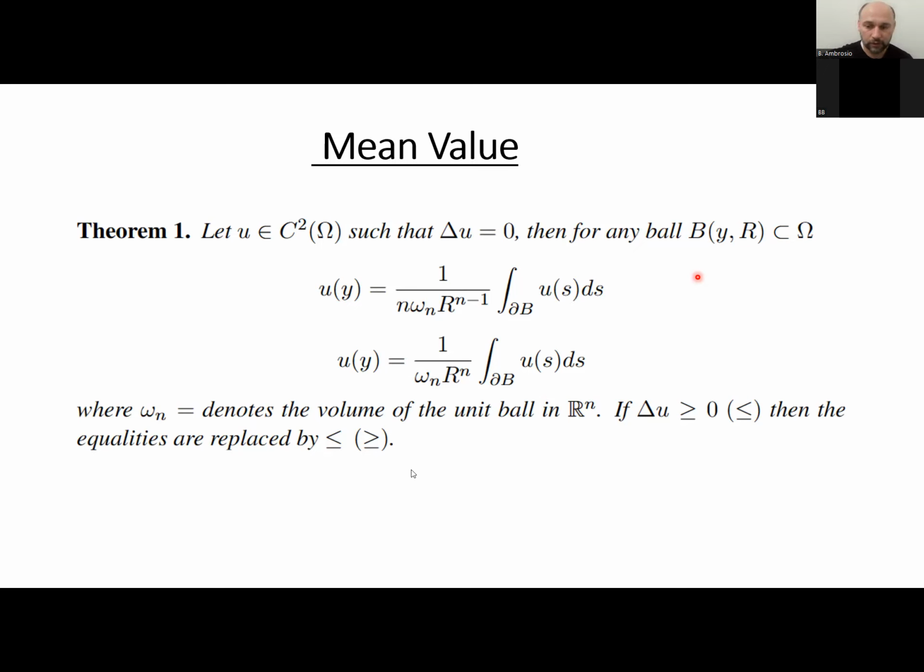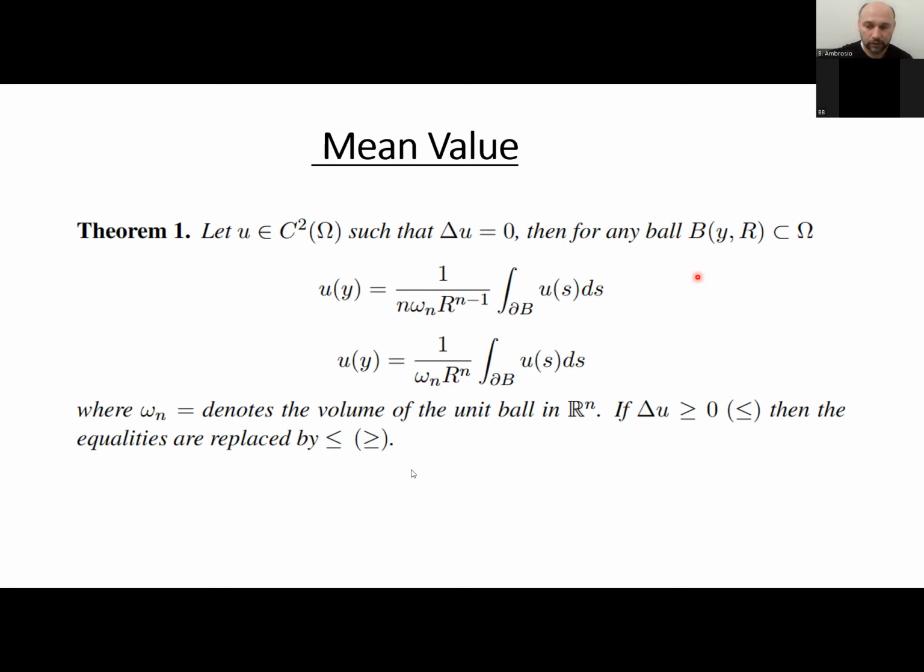But since u is positive, just a remark, if z belongs to the ball of center x1 and radius r, then if I look at the distance from y to z, thanks to the triangular inequality, this is less than d(y,x1) plus d(x1,z).